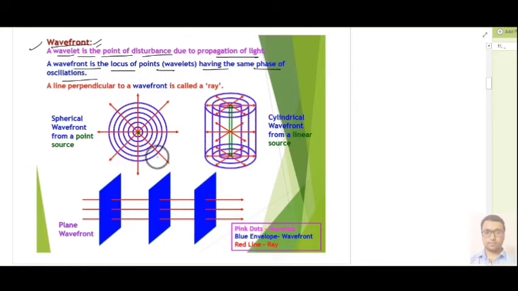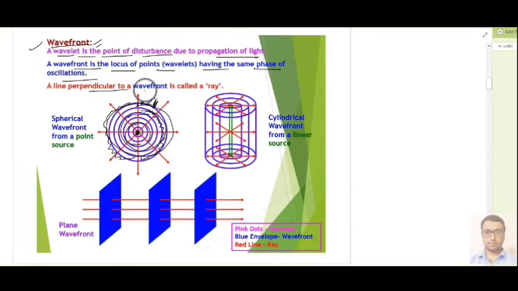So what happens: initially we have one source of light, and from this source, radiation comes out in this way, and these radiations disturb the medium particles. The medium particles start oscillations, and in this way they propagate their energy in the forward direction.